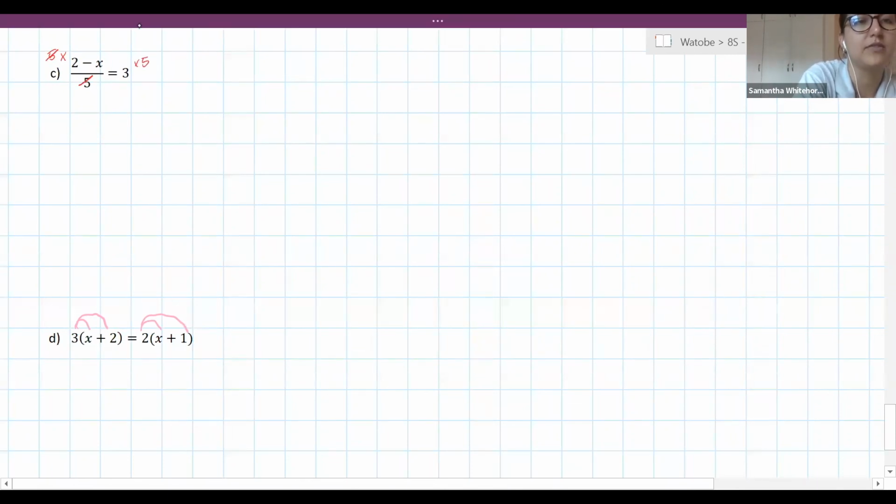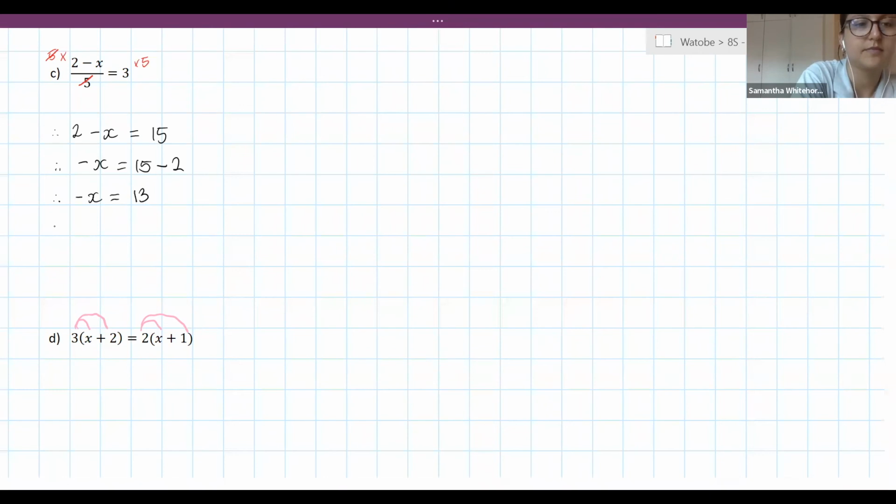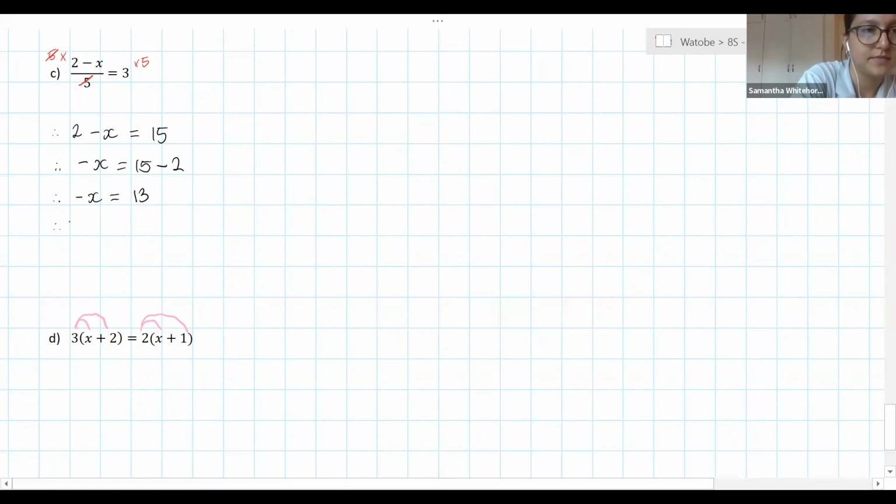Perfect. So what do you have? Then I got 15. Then I said minus x equals 15 minus 2. Okay, sorry, I'm catching up. Okay, cool, yeah. Then I got 13 and minus x. Then I said minus x divided by minus 1 equals 13 divided by minus 1. Then I got x equals 13.